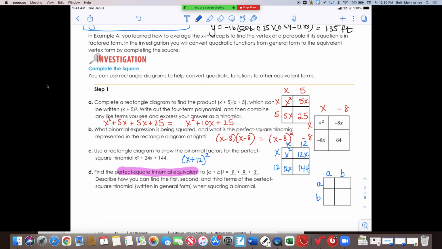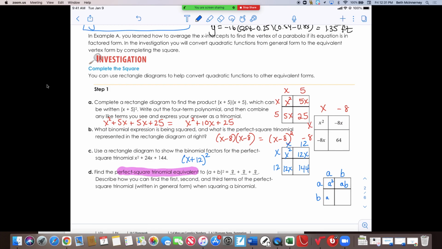All right, so Wyatt, what would go in the top left box? A squared. There we go. All right, Gabe, what goes in the top right box? BA, or we would call it AB. Usually we do it alphabetically. All right, Davey, what goes in the bottom left box? How about bottom left?